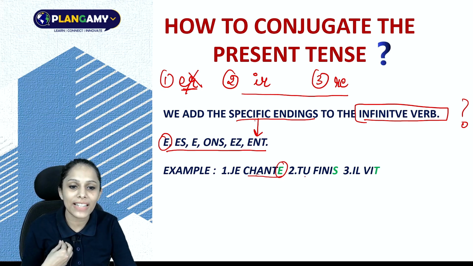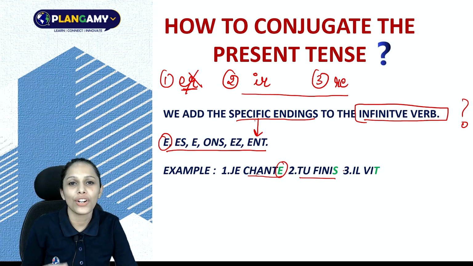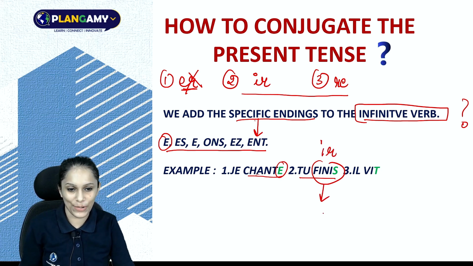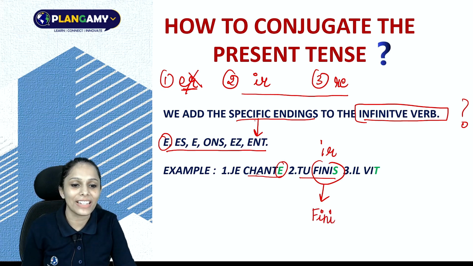Now, second example, tu finis, which means you finish or you are finishing. So, this verb belongs to the IR group of verbs. And let's write down its infinitive form. So, it is finir.